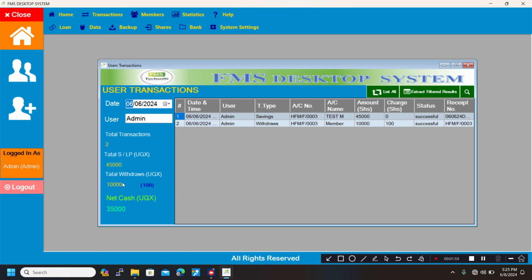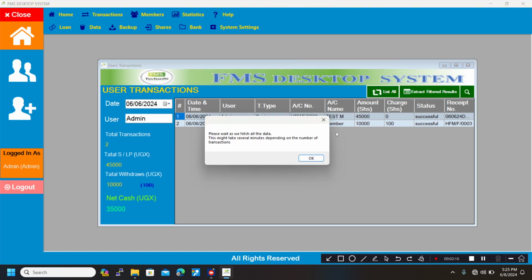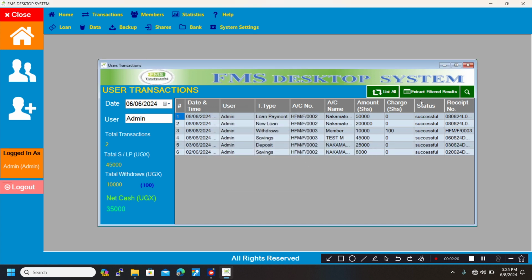So the interest or the money cash inflow for the business or for the circle is 100. Now, you can extract these results. You can list all transactions, and you can as well search if you need any information which is not listed here.